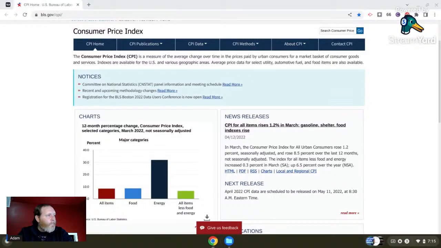Now, CPI forecasts, I'm not sure if it's public or paywall. Let me see here if it's public or paywall.